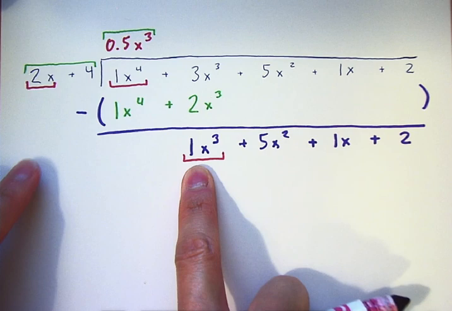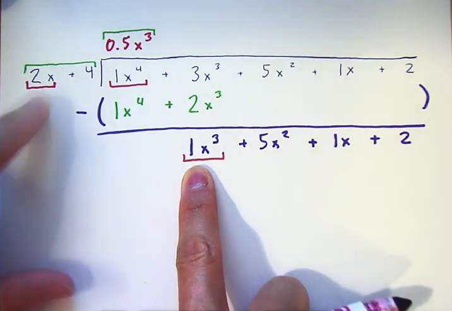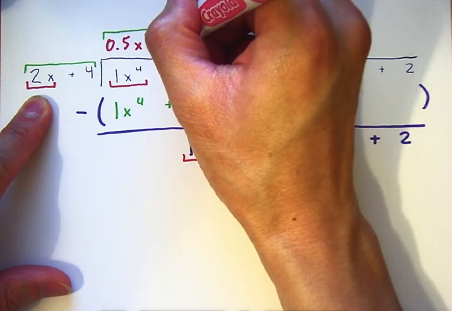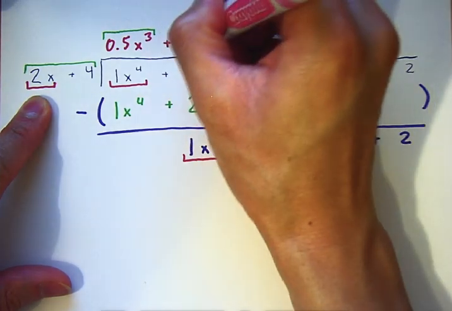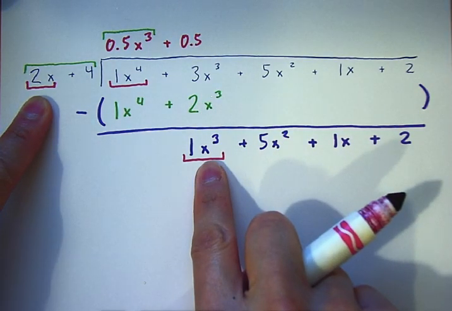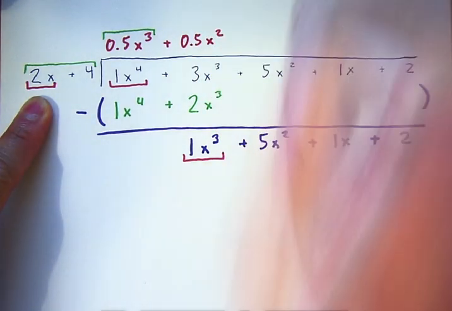So this one divide this one. 1 divided by 2 is once again positive 0.5. x to the 3rd divided by x is x to the 2, or x squared.